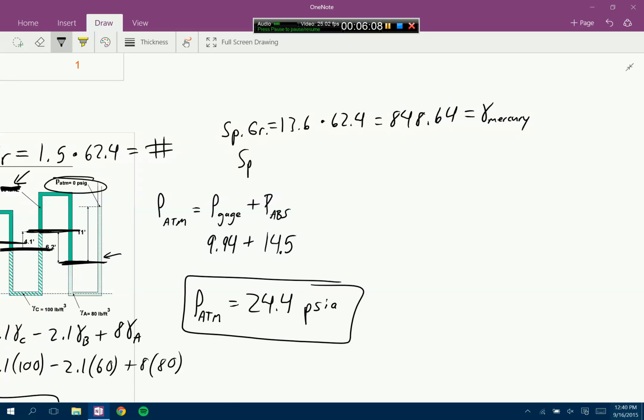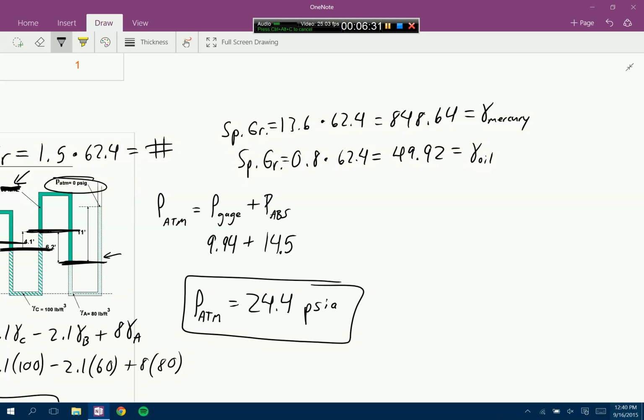Another one that is often given is that of oil, which is 0.8. Usually it differs for the different oils, but to find the specific weight of that oil would be 0.8 times 62.4, which is 49.92, or 50 approximately, and that's gamma oil.